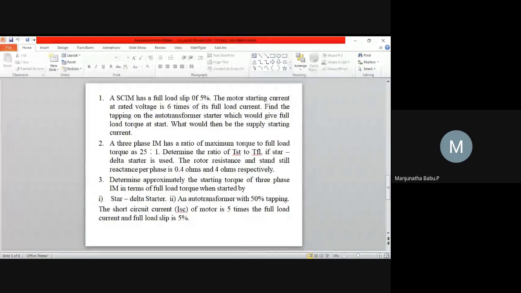Can you see this formula? The formula is visible. T start by T full load is equal to, can you see the formula on the screen? No, sir. Just a minute, I'll come.